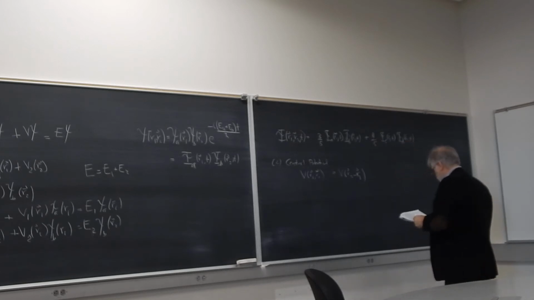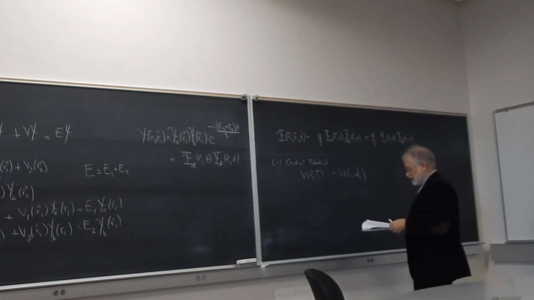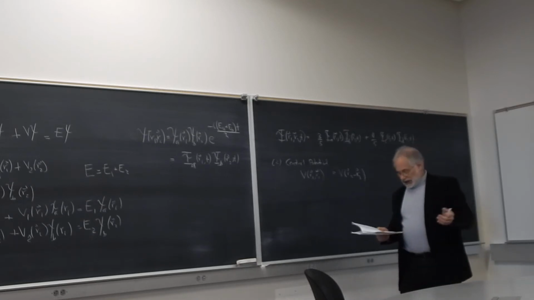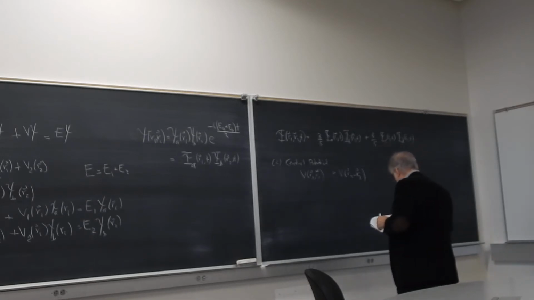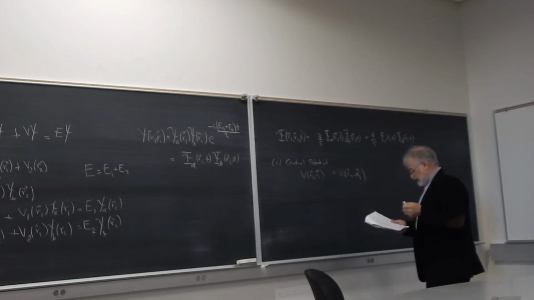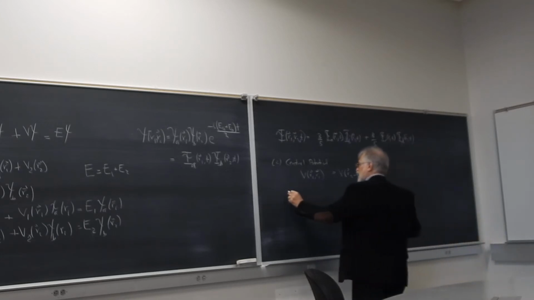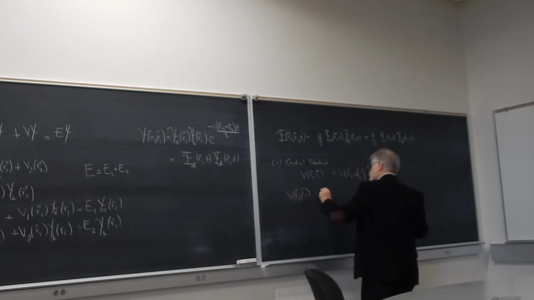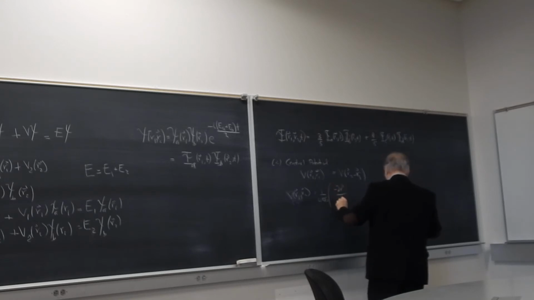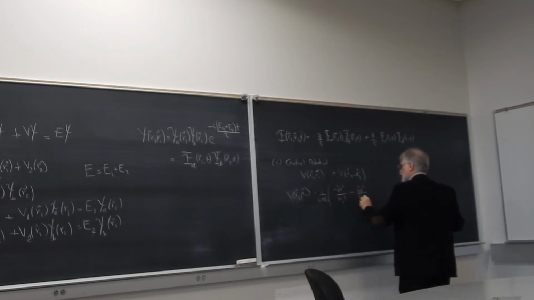In general, most particles are subject both to external forces and to mutual interactions. So for example, if I have two electrons, suppose they're attracted to the nucleus, but they also repel one another as well. So I might write, in that case, V of R1 and R2 as 1/4 pi epsilon naught, minus 2e squared over R1, minus 2e squared over R2.